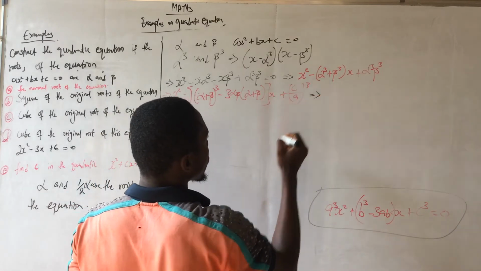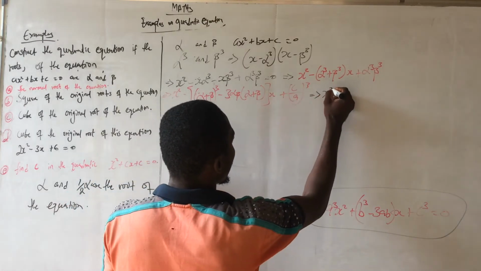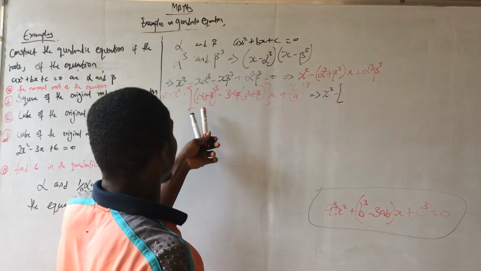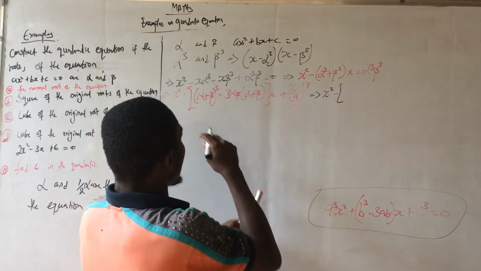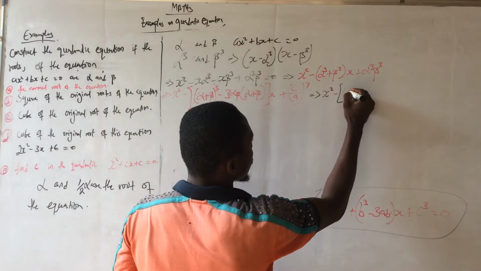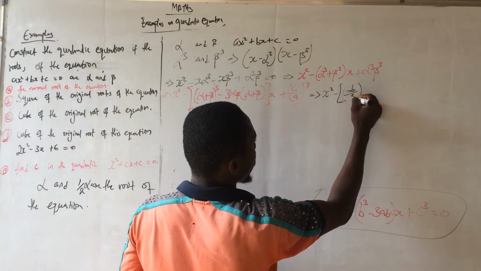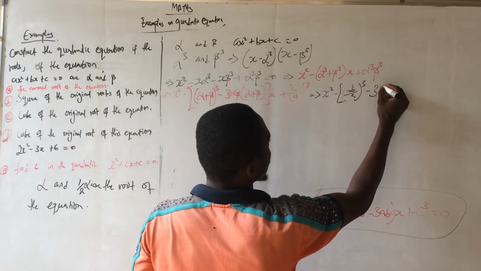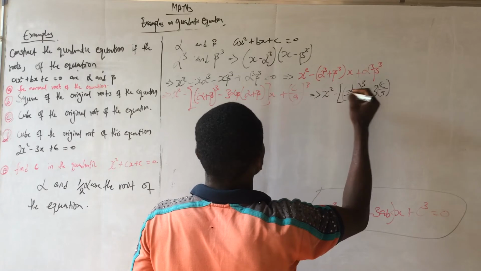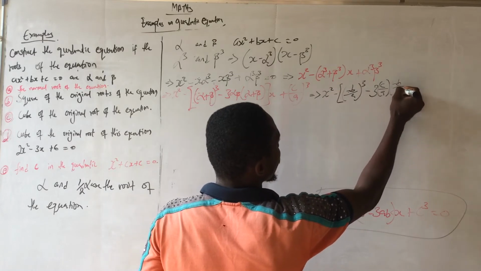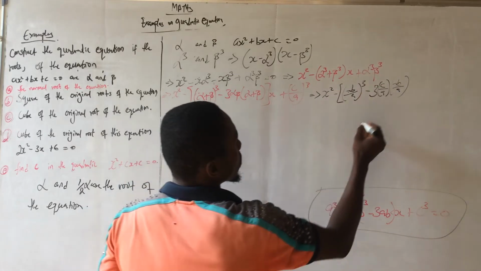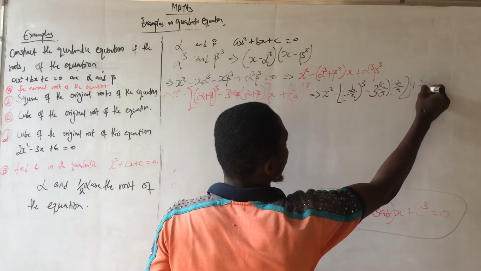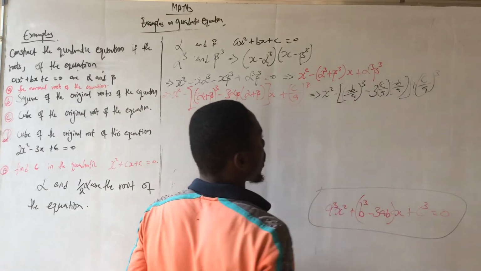So now that implies our x squared minus chain bracket open, this is minus b over a all raised to the power 3, then minus 3 c over a, then minus b over a. Chain bracket close, then plus c over a all in cube.